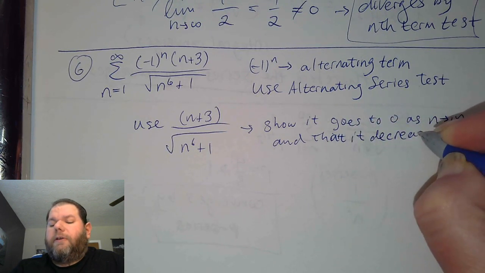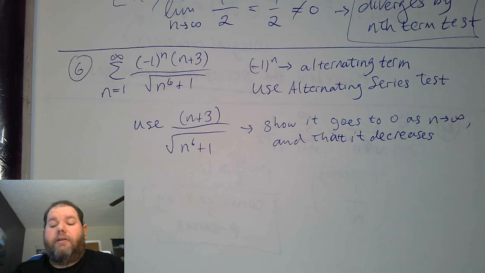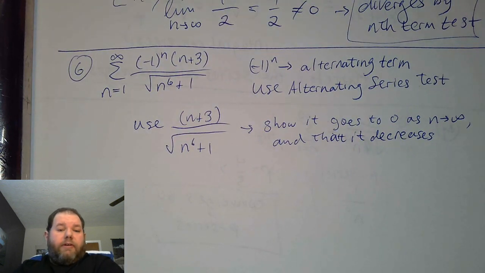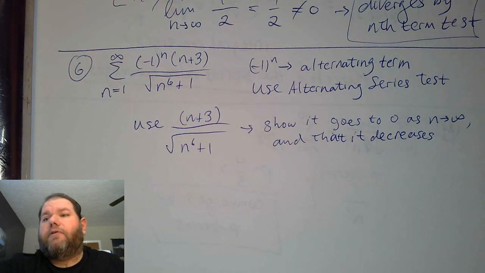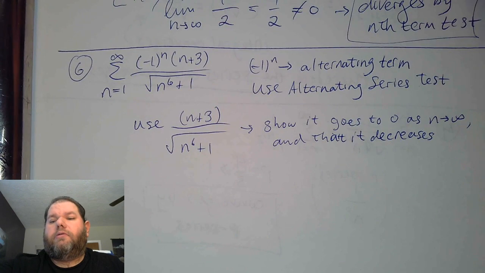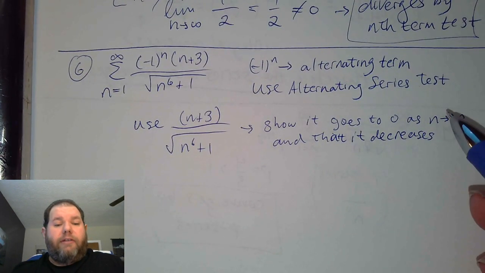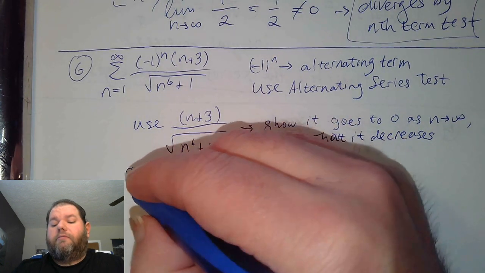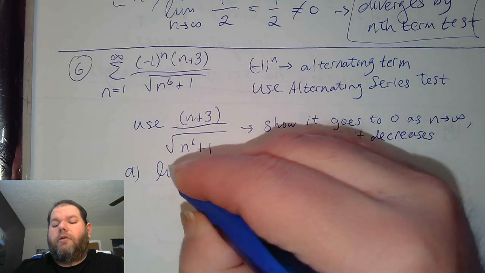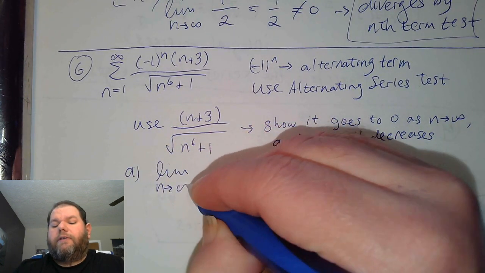As long as it meets those two requirements, then it will converge by the alternating series test. And if it doesn't, then we know it does not converge. So first thing we check is, does the limit go to 0 as n goes to infinity?